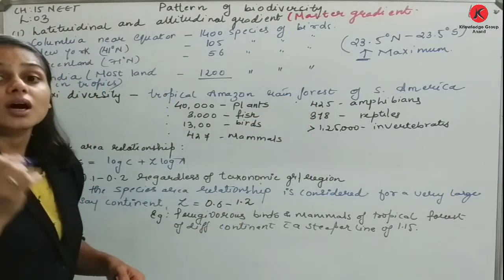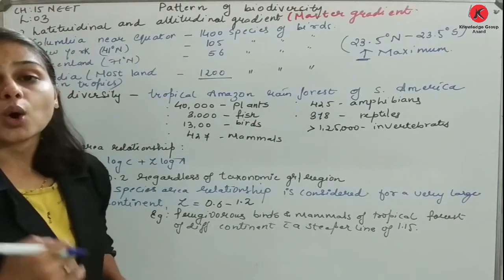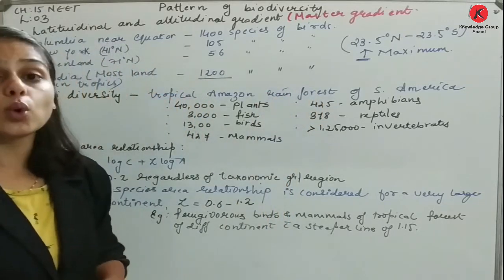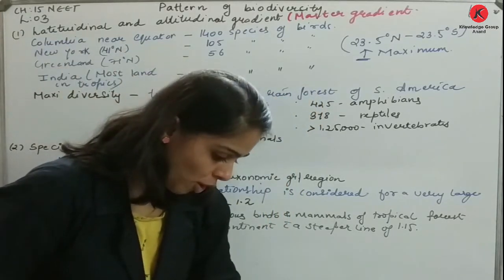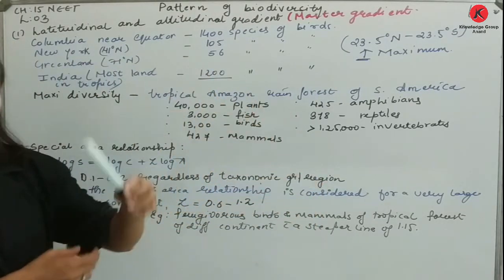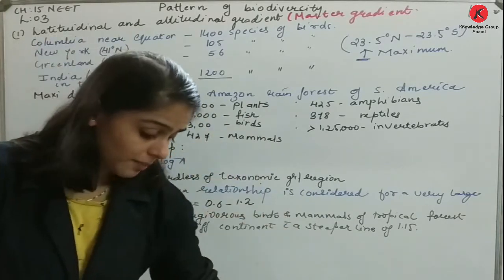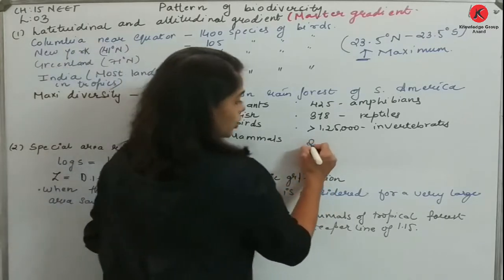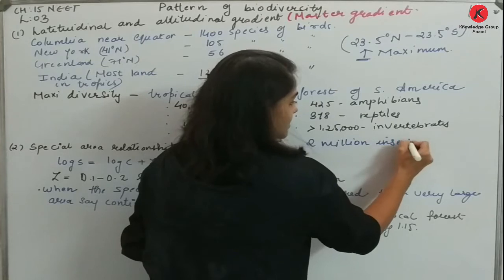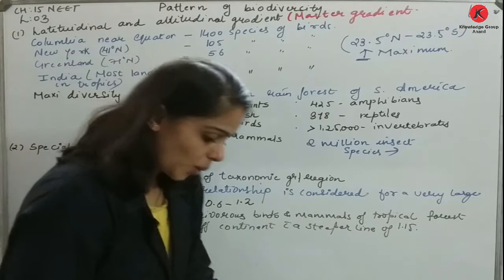We have 378 species of reptiles and more than 1,25,000 invertebrates. Are you getting my point? Okay, dear students, it is estimated that there are about 2 million insect species. What I am writing: 2 million insect species are yet to be discovered.